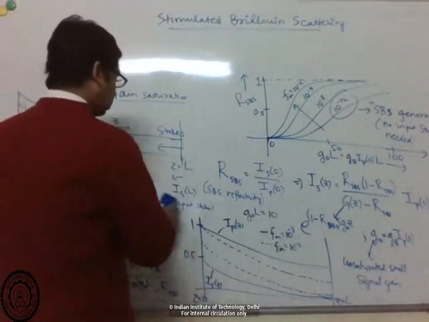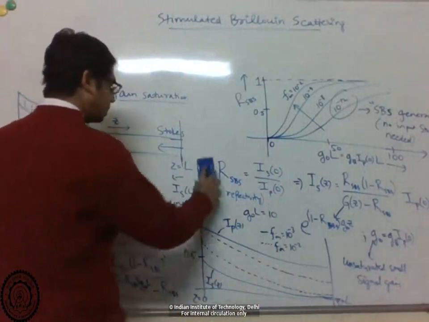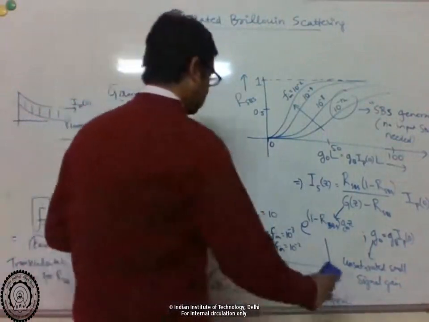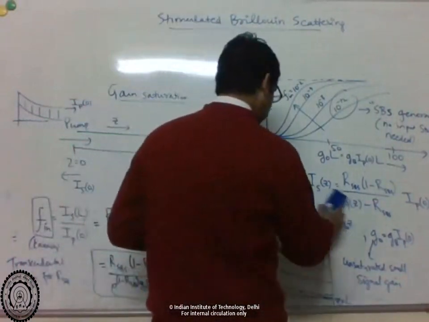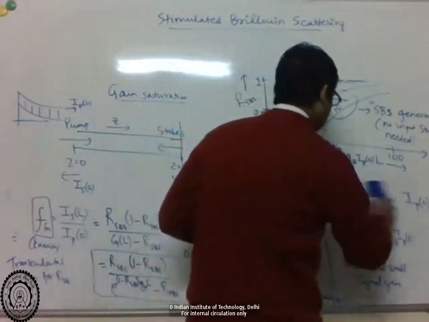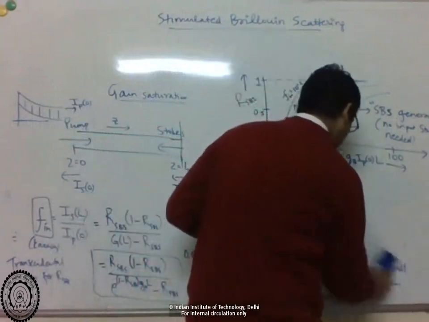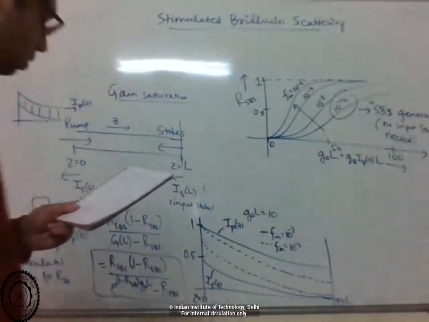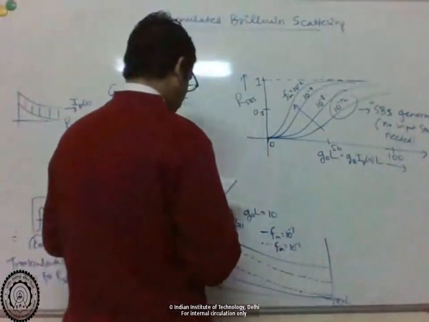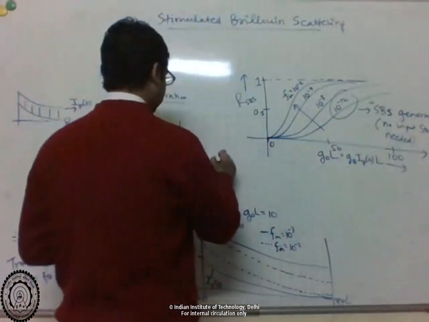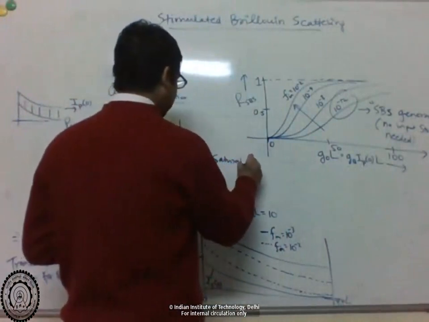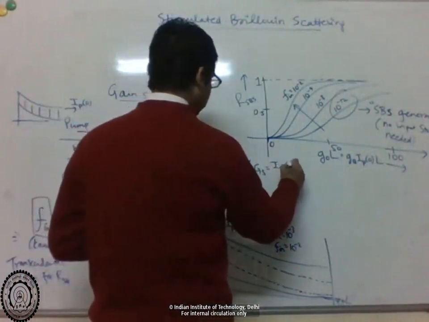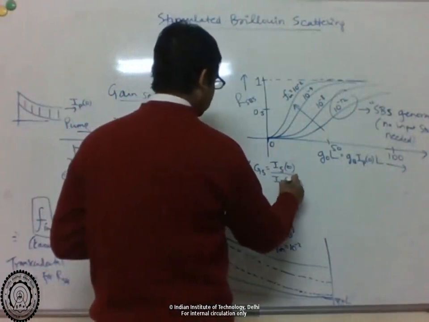One last way we can plot this effect is you can also look at the effective gain that the Stokes experiences. We can define an actual gain or saturated gain, G_S, which is basically Stokes output divided by Stokes input.